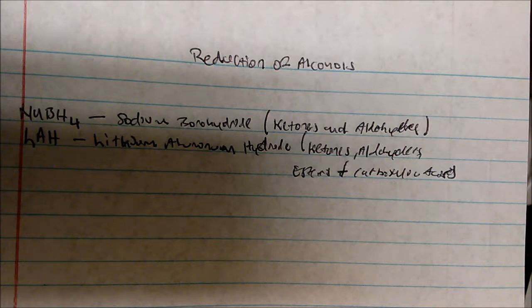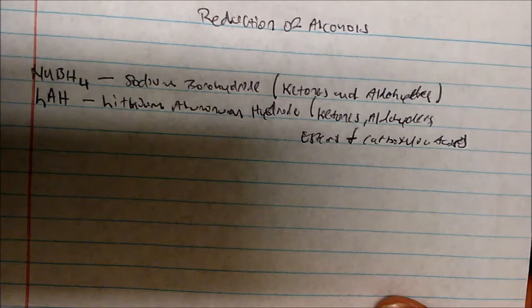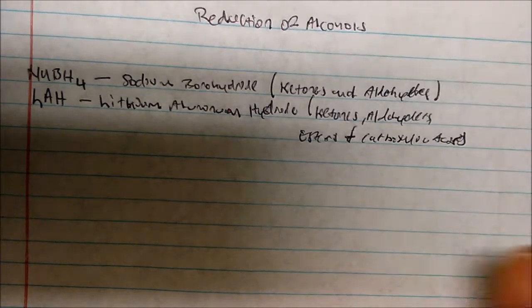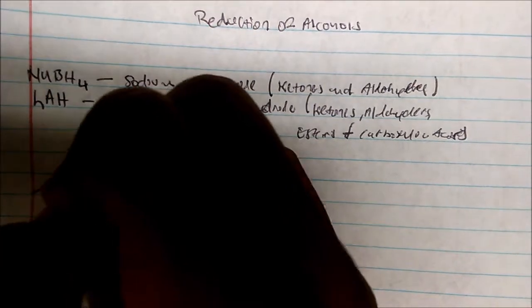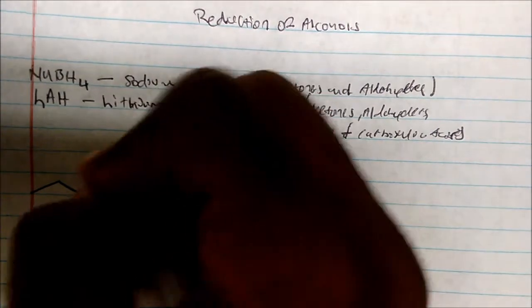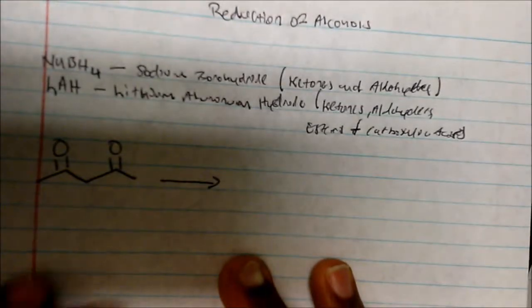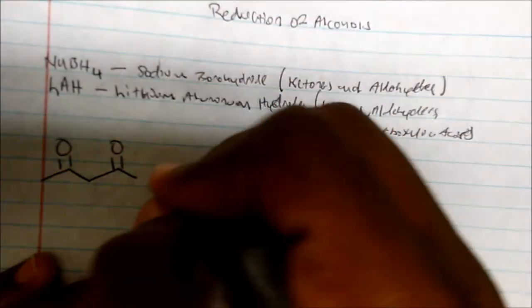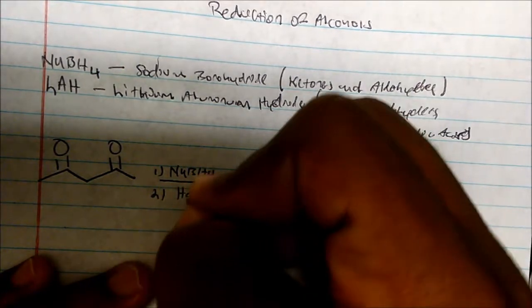So let's start with a couple of problems to make the information more understandable. What if we were given this molecule here, and we react it under sodium borohydride conditions in the presence of H2O?